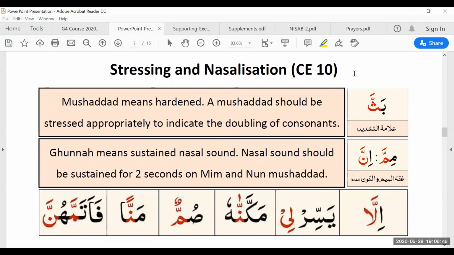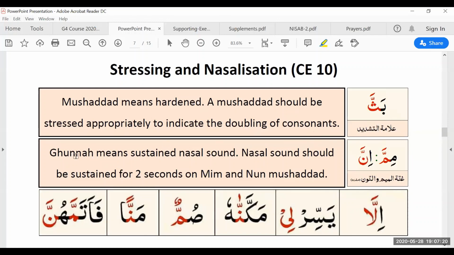Okay, so we also covered the rule of stressing and nasalization. So first of all, if a letter carries a sign of shadda, it is a mushaddad letter, and it means to harden, to stress on the letter. And so therefore, a mushaddad should be stressed appropriately to indicate the doubling of consonants. So, bassa.